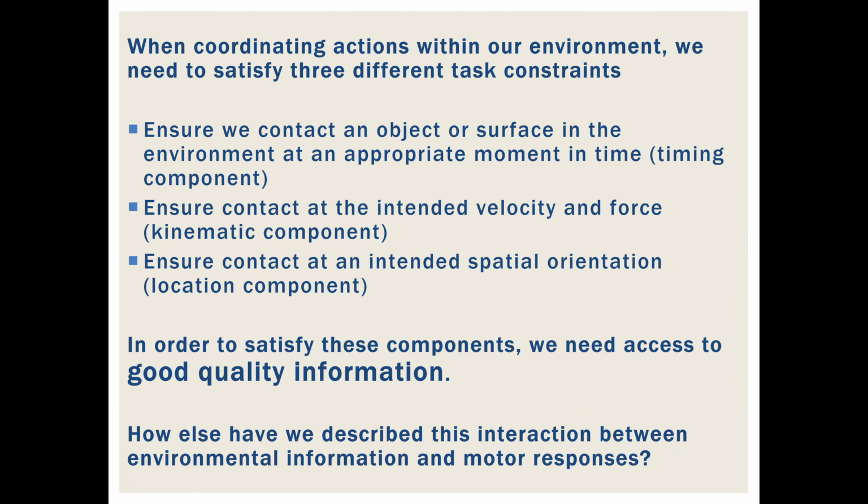Then secondly, we have to ensure that contact is made at the appropriate velocity. So we have to make sure that we move our limbs at the right velocity, but also that the ball is traveling at the right velocity. And then finally, we have to make sure that we make contact with that object in exactly the right space. So we have to account for that location component.